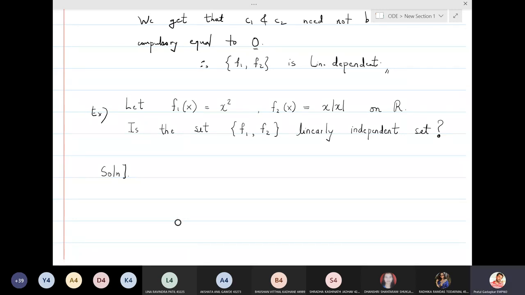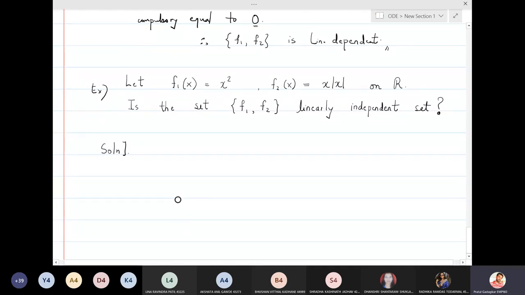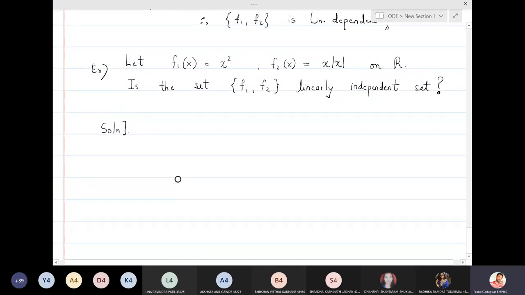Let me start with my natural definition: suppose C1 F1 plus C2 F2 is 0. I will try to get two equations, and from those two equations after solving, can I get that the values of C1 and C2 are equal to 0? If I'm successful in that, this means that the two functions are linearly independent.